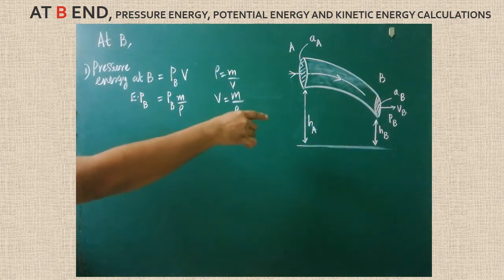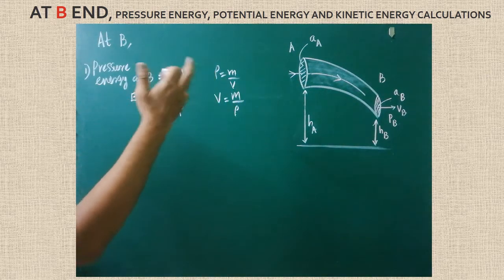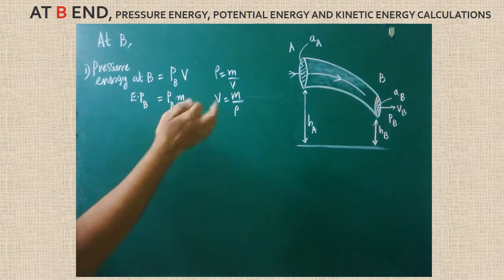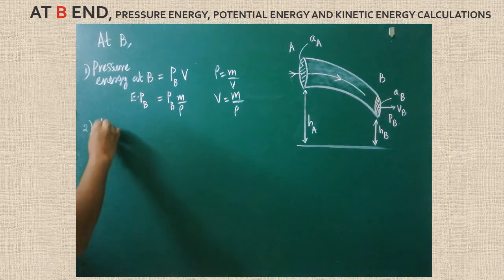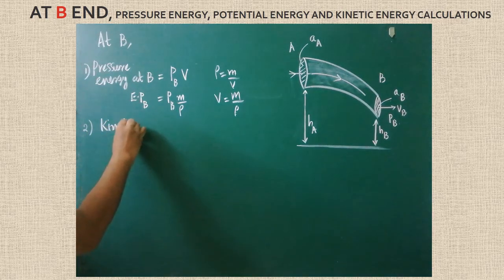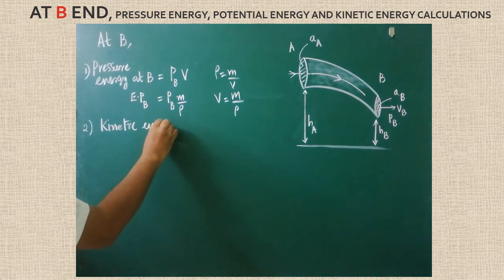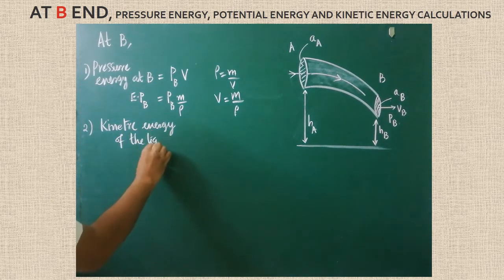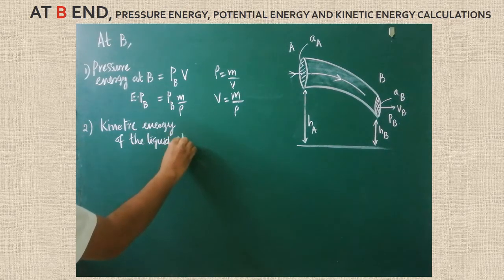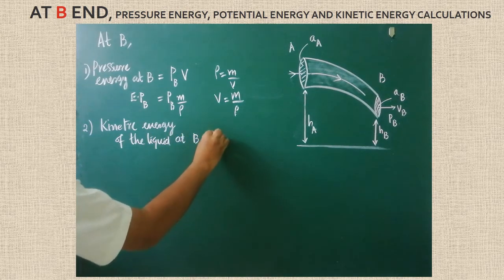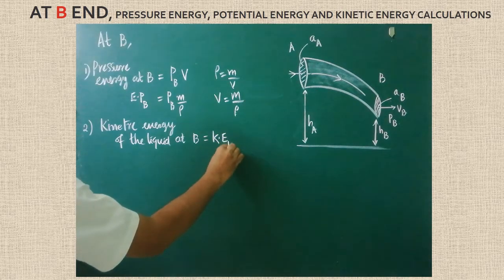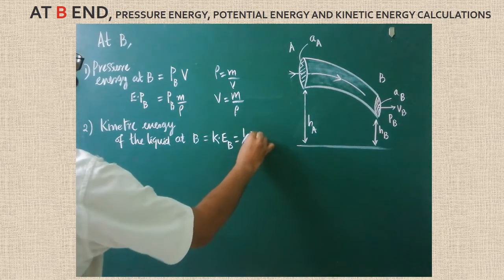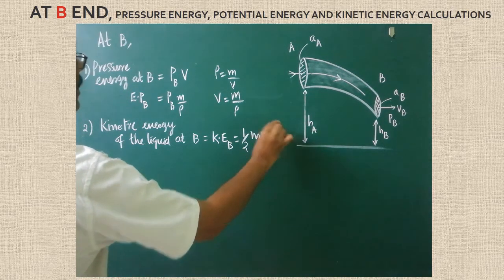The liquid flows through the pipe and it is having some velocity at B also. At the B end, what is the velocity? VB. Therefore, the next one is kinetic energy of the liquid at B end. How will you calculate? KEB, kinetic energy at B. What is the formula? Half mVB square. This is the formula.